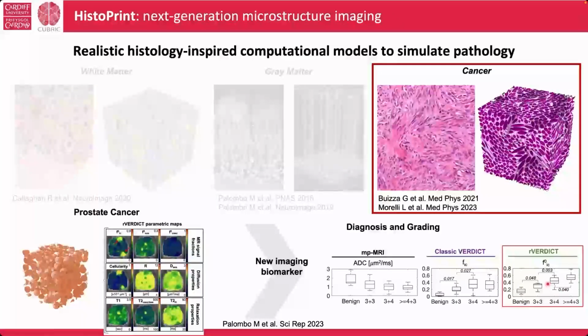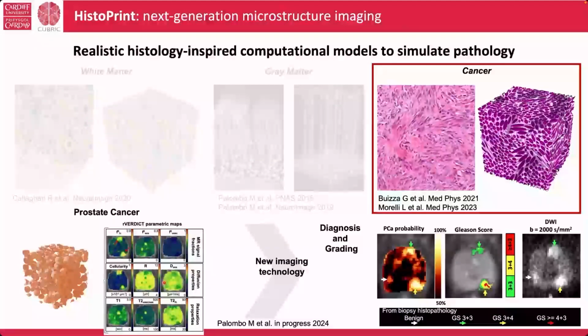And this was informed by numerical simulations. And now what we are doing is using all these model parameter maps to train a CNN to generate a cancer probability map, but also a virtual Gleason scoring. And the preliminary results are quite encouraging in this direction.